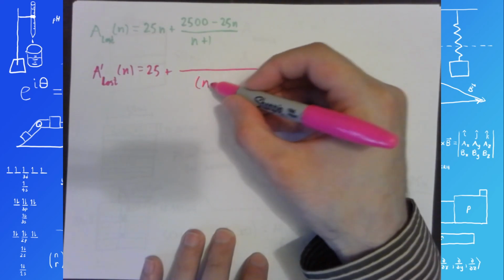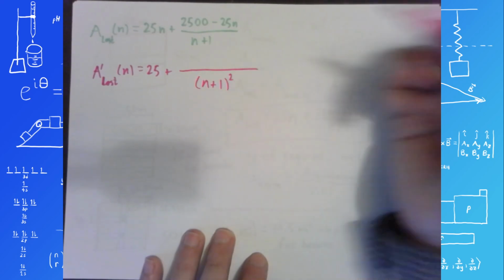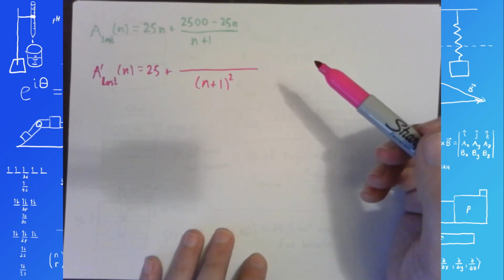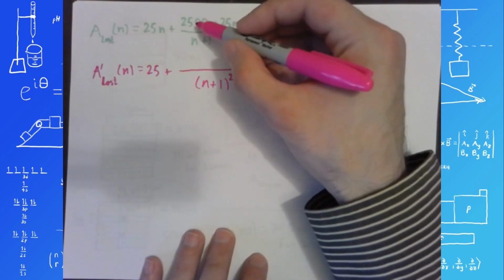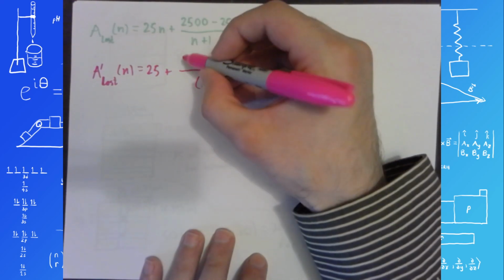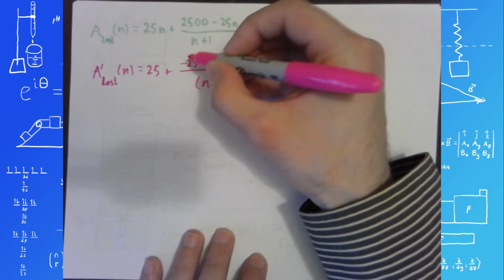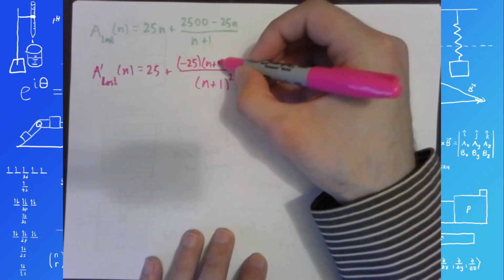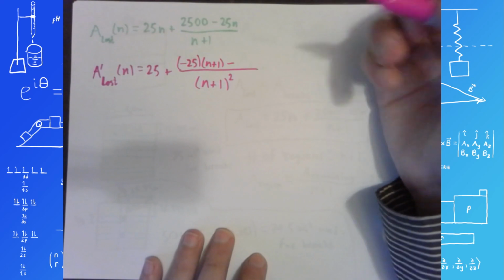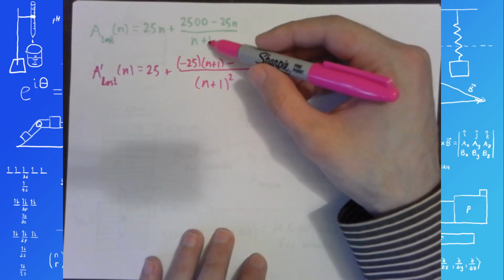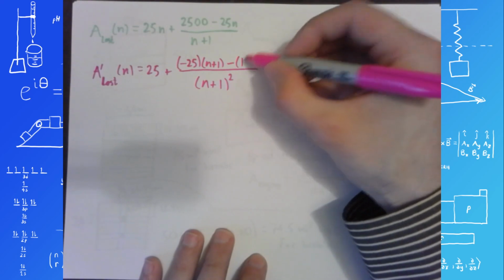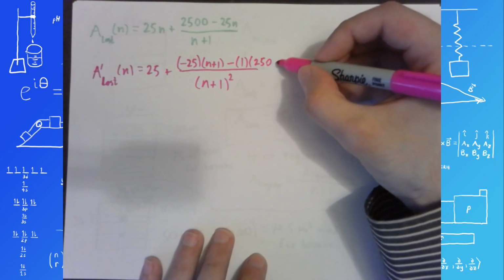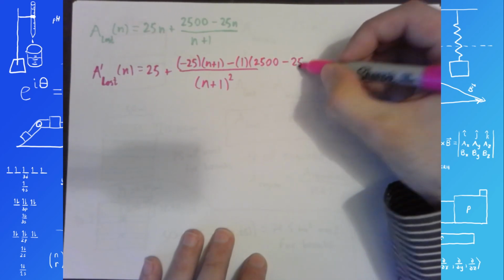I'll take care of the g squared part over here, just using quotient rule. And f prime g, so top prime times bottom, so the derivative of 2,500 minus 25n is minus 25 times n plus 1, minus g prime f, the derivative of n plus 1 is just 1, times f, which is 2,500 minus 25n.